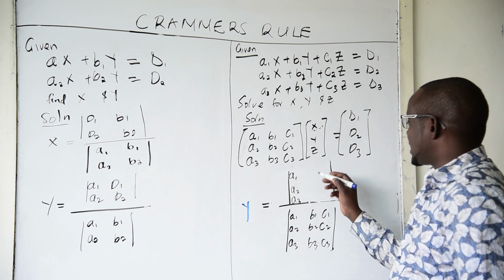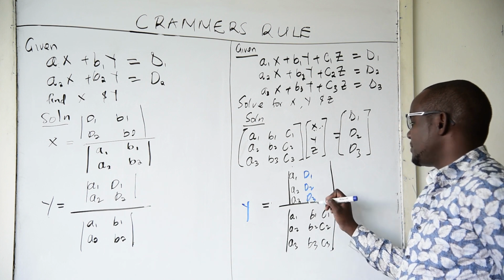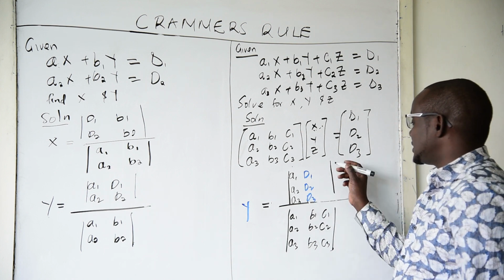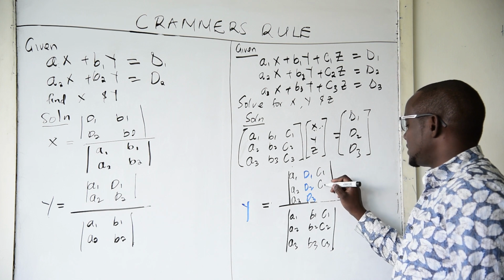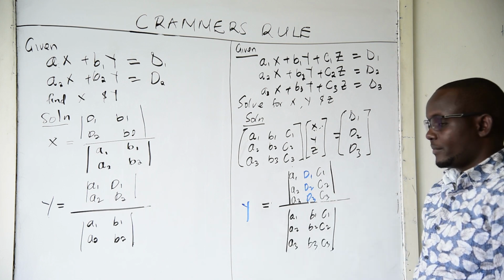My second column now becomes D1, D2, D3, while my third column still remains C1, C2, C3. This is the value for y.